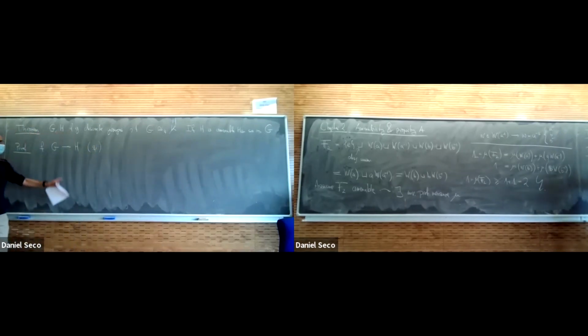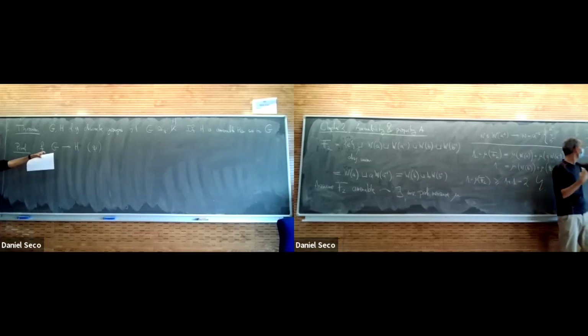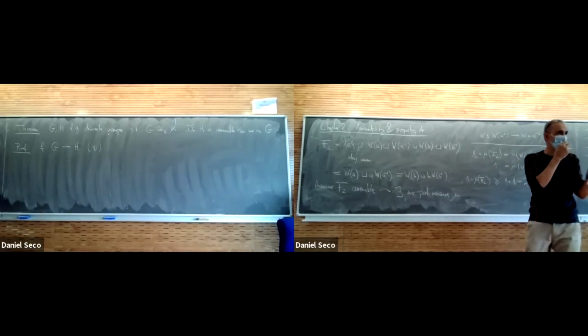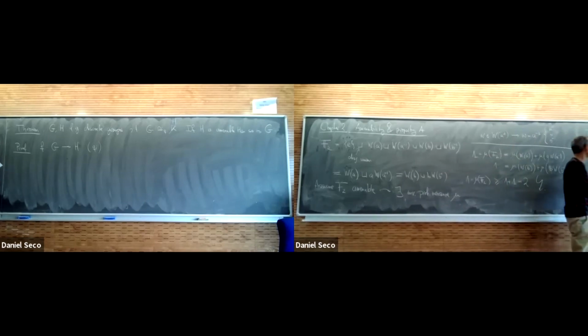And H has Følner sets, and the idea is to pull them back to G, and to show that G is again amenable. But we have to massage these sets, because we have quasi-isometries. It would be trivial if you had a full isometry.